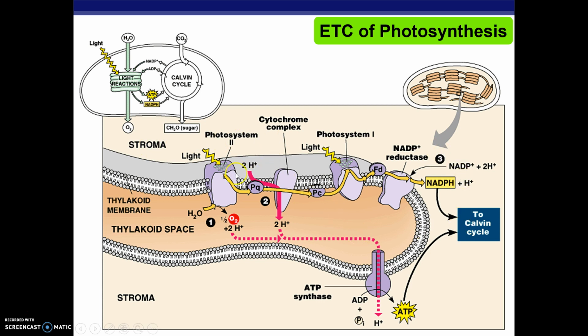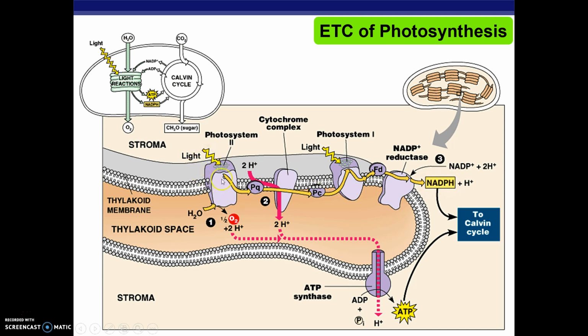So we have our two photosystems. We see our journey of the electron, which begins from splitting of the water molecule, and the electron goes along this electron transport chain all the way and ends up in NADPH, the electron carrier.